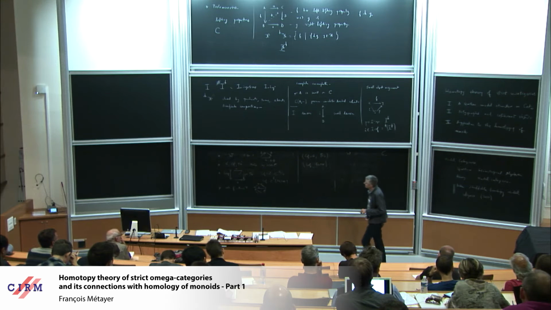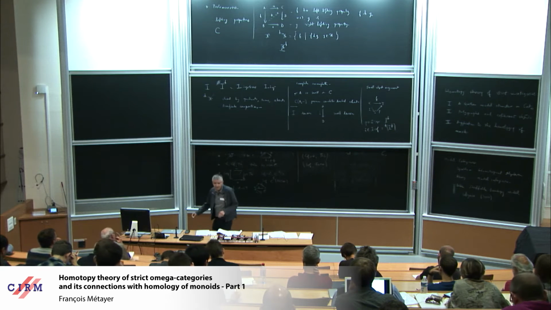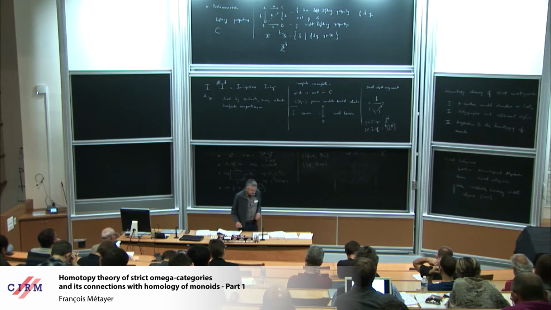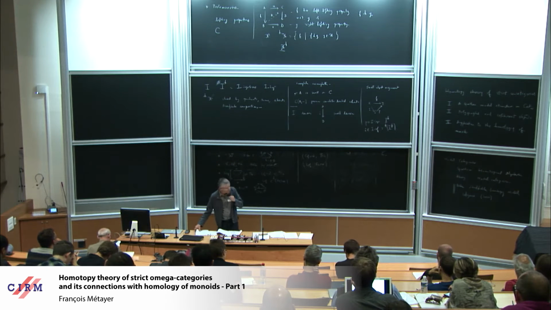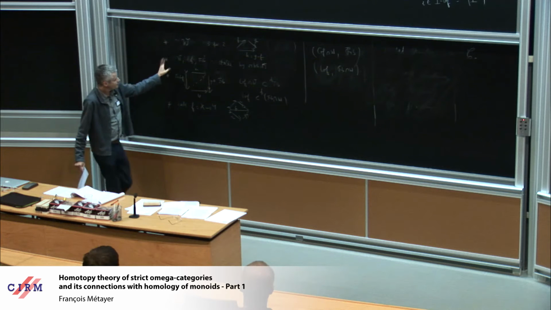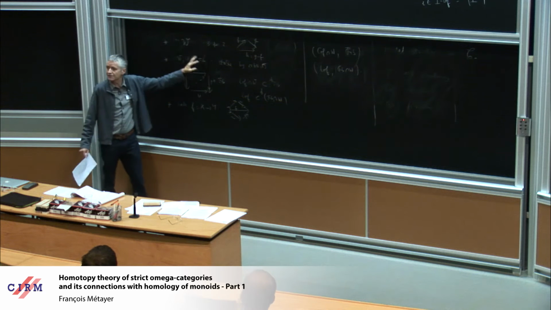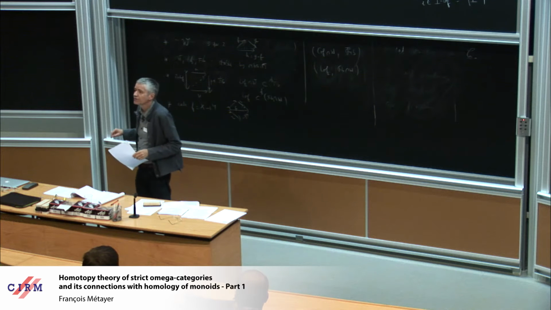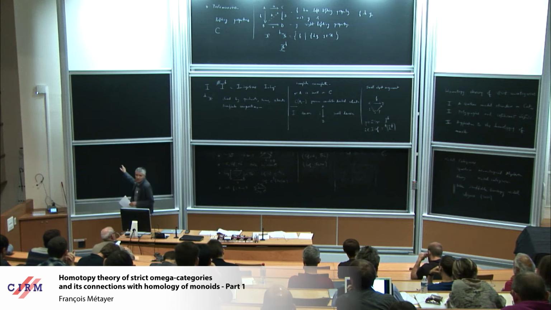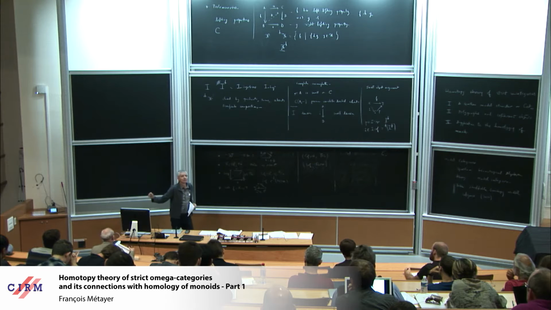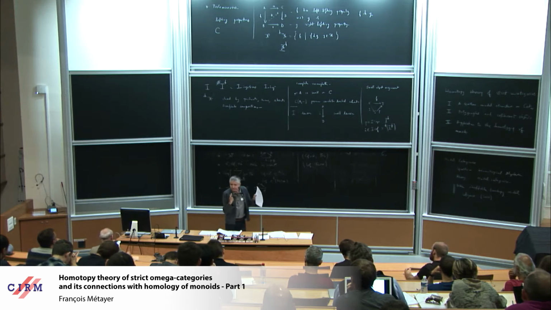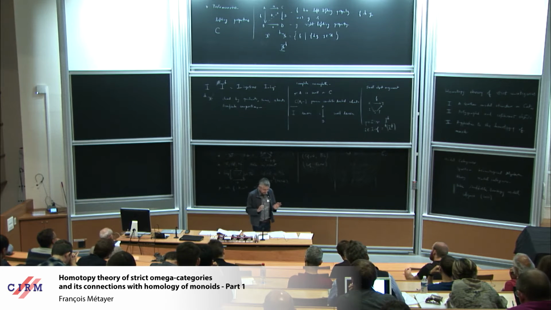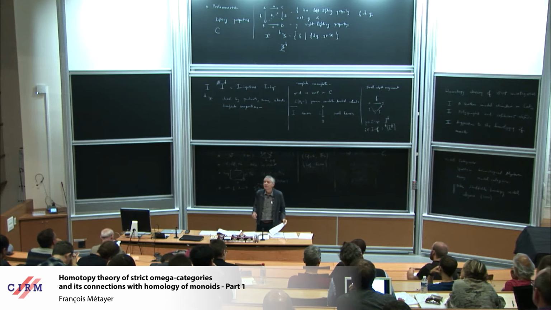There's a theorem by Jeff Smith telling that in order to get a model structure in this sense, it's enough to have in your category the following data, which I will keep here because the plan is to check those conditions in our particular case of omega cat.